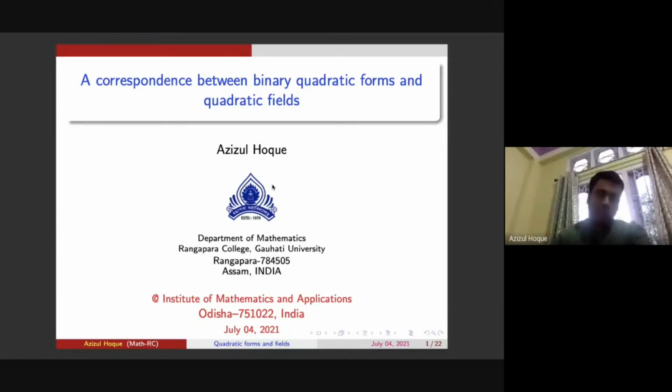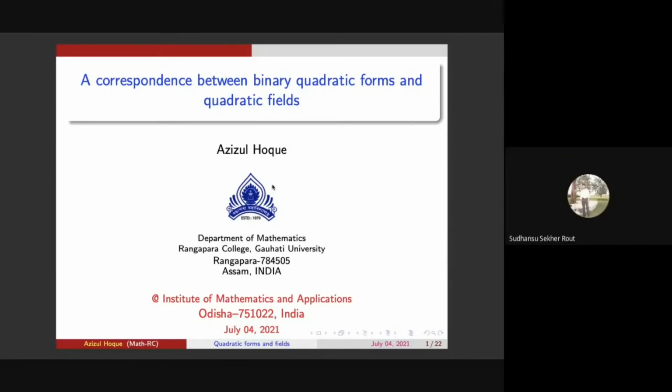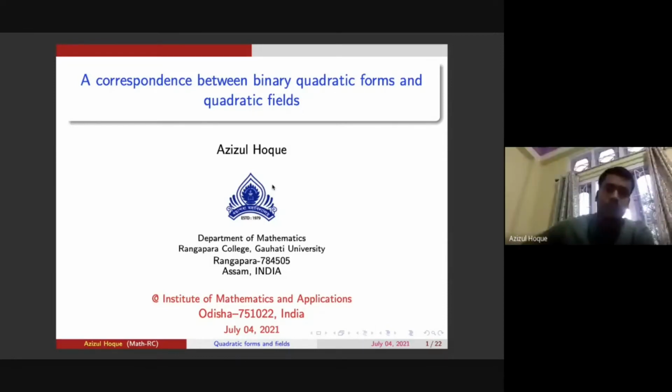I will be using that to discuss some problems in the divisibility of the class numbers of imaginary quadratic fields. So I'll be using the divisibility of the class numbers of binary quadratic forms to discuss that of the imaginary quadratic fields.